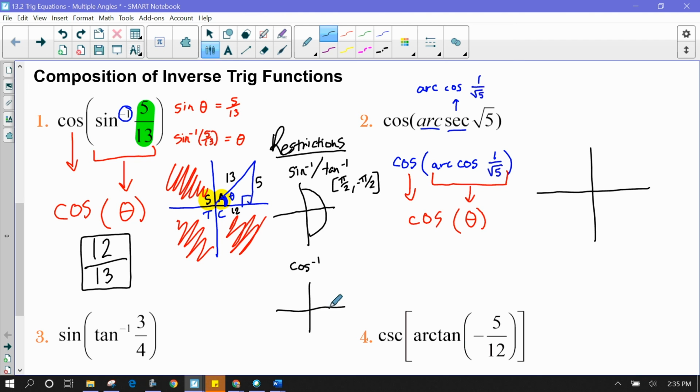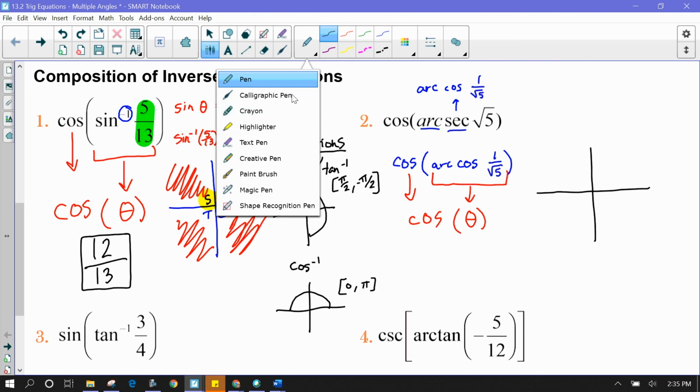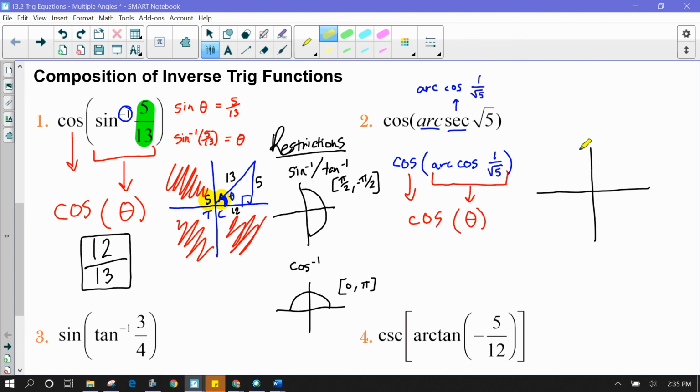The restrictions for inverse cosine are the first quadrant and the second quadrant. We're only allowed to look for our answer between 0 and pi. So right away I know I'm restricted to the first or the second quadrant. And once again, remember the acronym, all students take calculus.